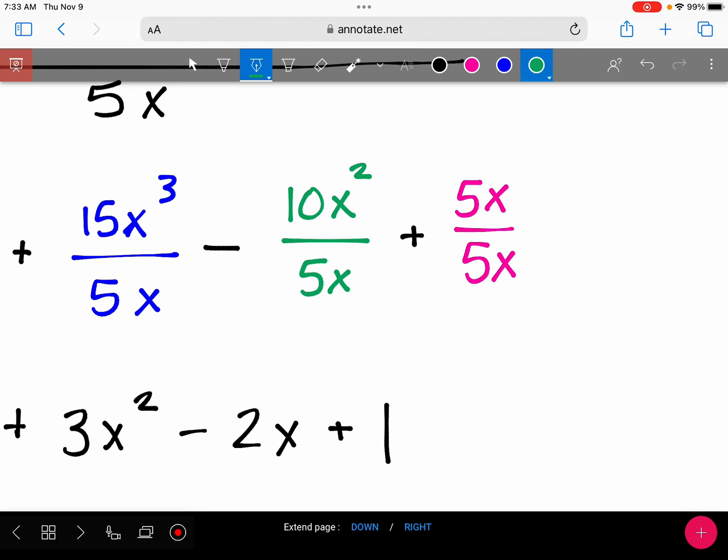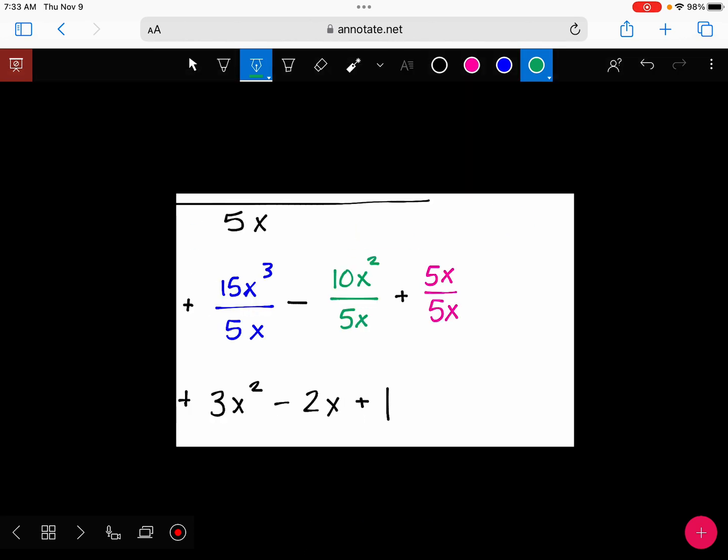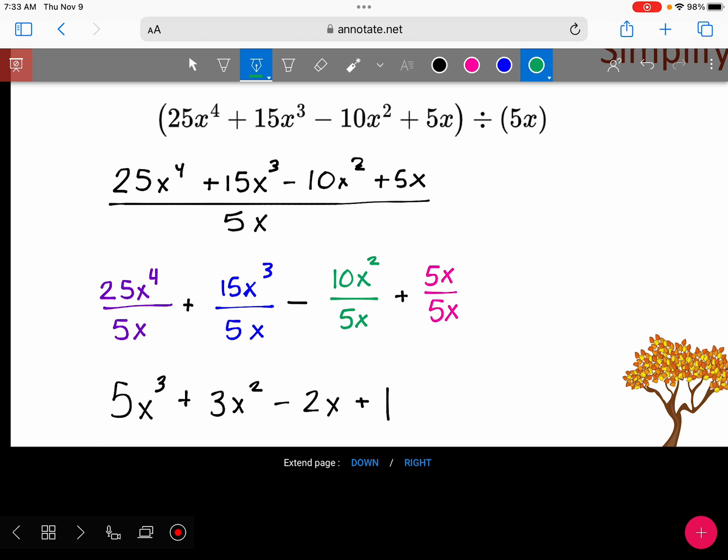X over x is 1. 1 times 1 is 1. Okay? So dividing by a monomial, it looks flashy, it looks showy, it looks big and complicated. It's simplifying fractions. End of sentence. It is simplifying fractions, which we've done before.